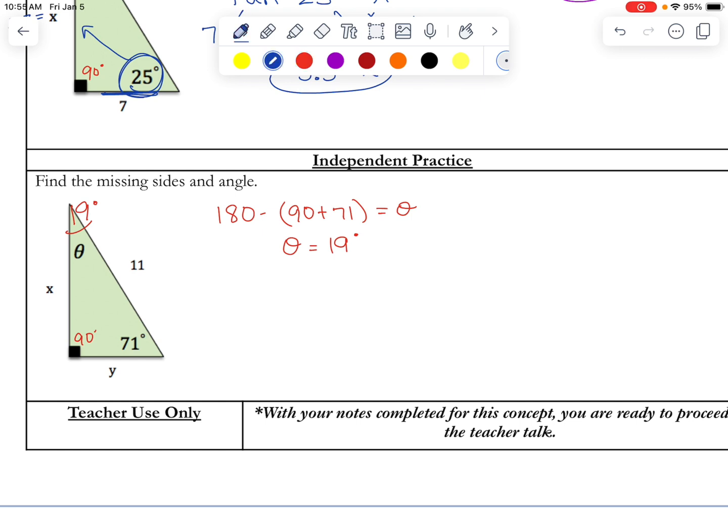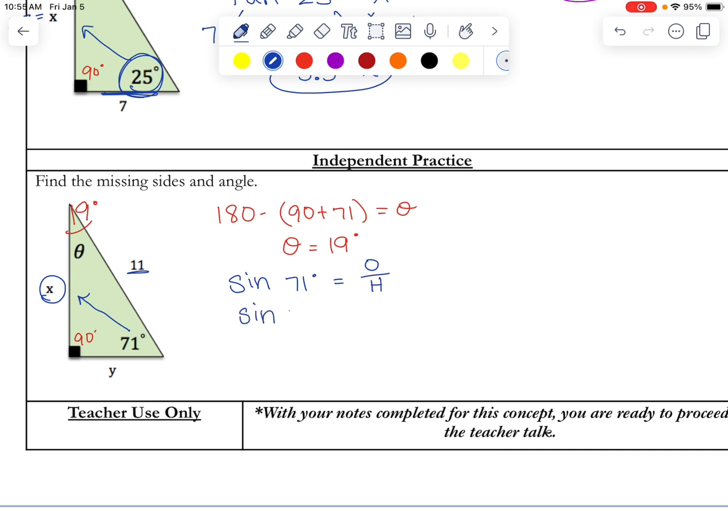Next, I'm going to find x. I have my hypotenuse this time, and x is opposite my 71, so I'm going to use sine, which would be opposite over hypotenuse. So I'm going to use sine of 71 degrees equals my opposite over hypotenuse.